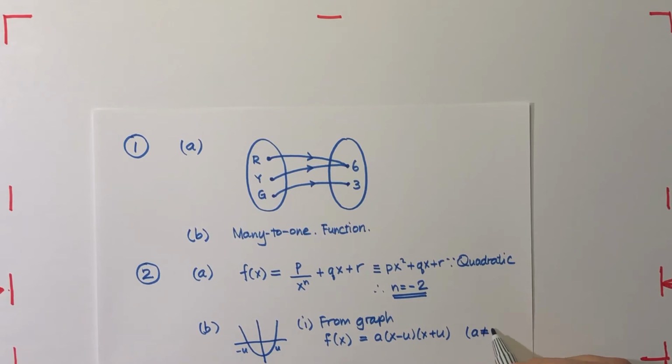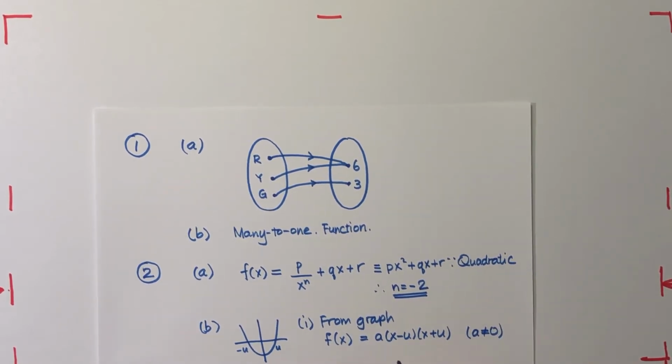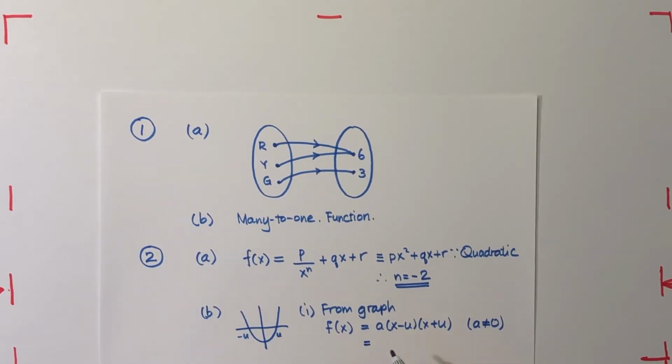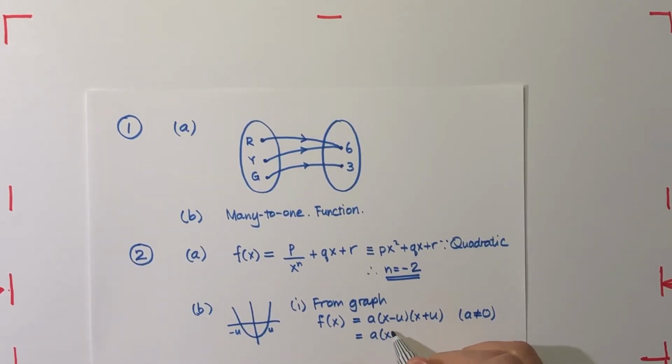So this is some positive constant a, which is not equal to 0. So this can be rewritten as a x squared minus u squared.